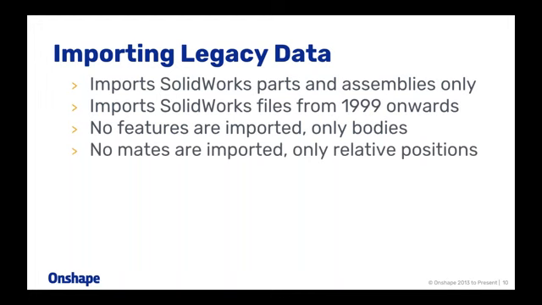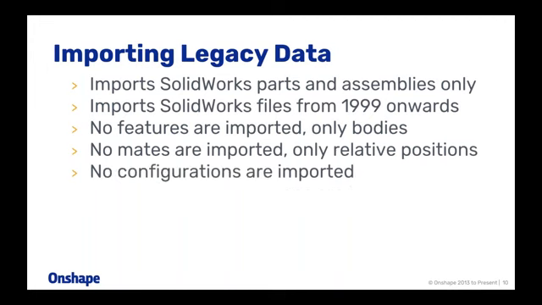And again, we'll look at that in a little bit more detail in a little while. And no configurations are imported. So again, if you have a hydraulic cylinder that you need to recreate in Onshape, there are ways you can do it. For example, you can take the Excel spreadsheet generated in SolidWorks, remodel it in Onshape, and then export that Excel data into Onshape to recreate the configured part.